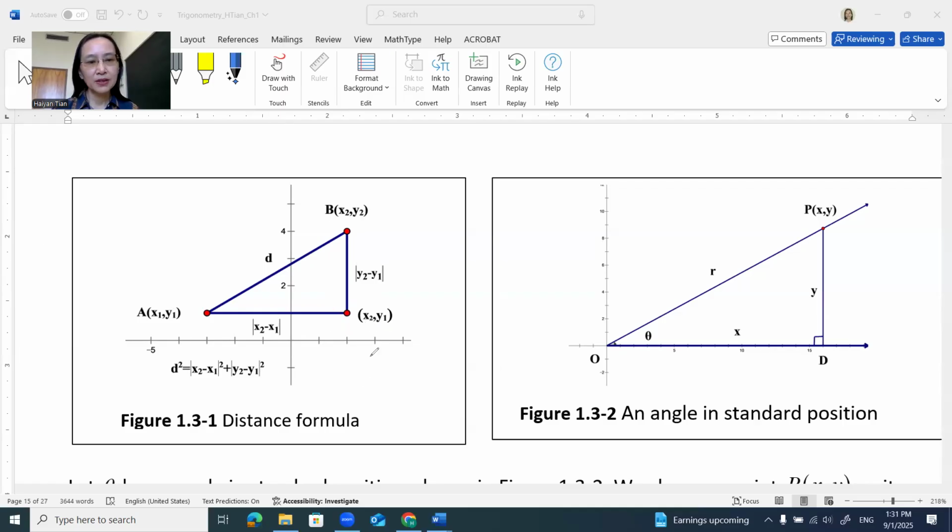We can make it a little cleaner. So this C has the same x coordinate as B, and the same y coordinate as the point A.